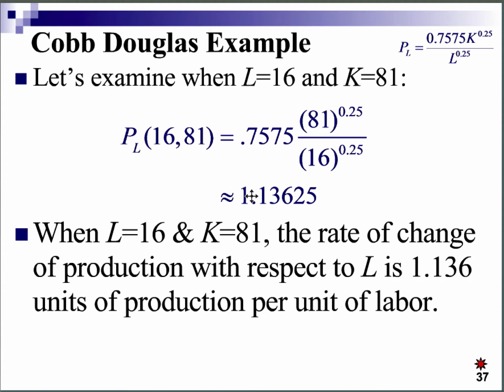So the idea here is that we are slightly increasing the amount invested into labor. We're keeping the amount invested into capital fixed, and we're measuring how much change that produces in the overall production levels. So a 1 unit increase in labor investment produces a 1.13625 unit increase in overall production.